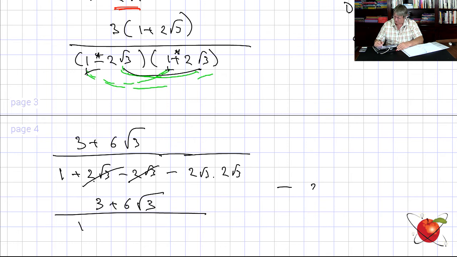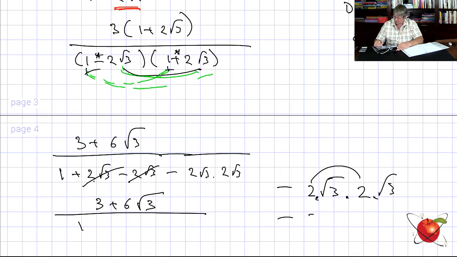This is minus 2 root 3 times 2 root 3, isn't it? Let me write that a little neater. Minus 2 root 3, 2 root 3. These two here. Well, first of all, this is a multiplication sign, so it doesn't matter which way around I order them.